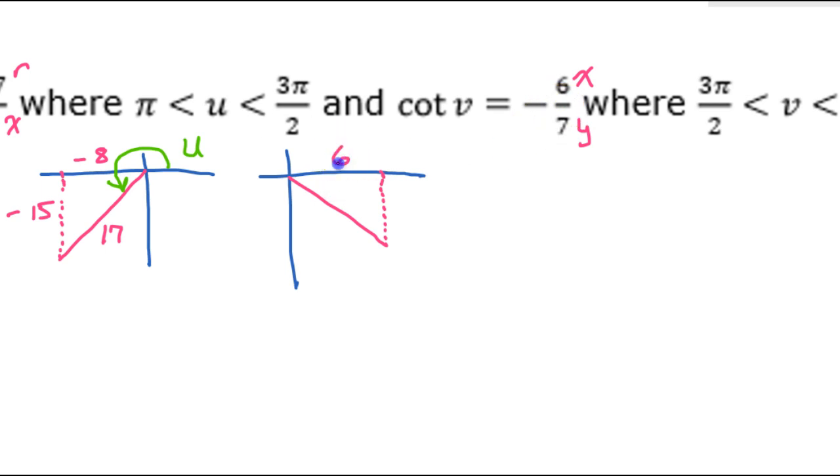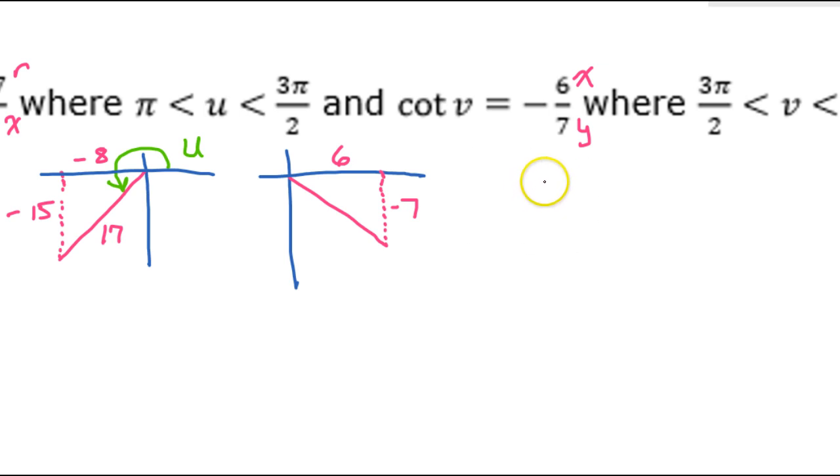So this would have to be positive 6 in this quadrant, and this would have to be negative 7 in this quadrant. Okay, I don't think this is a Pythagorean triple, so we're going to have to do the Pythagorean theorem.